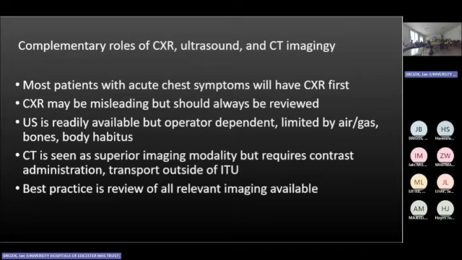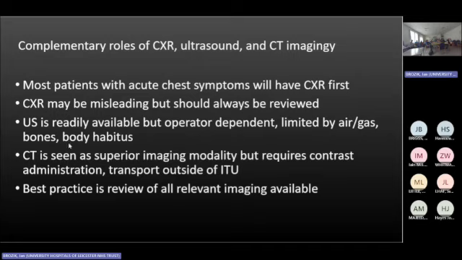And as you know, ultrasound is operator dependent, and we have physical laws that limit the use of ultrasound, so we can't go through the aerated lungs or through bones. And if you have someone who's very large, it might be really limited.